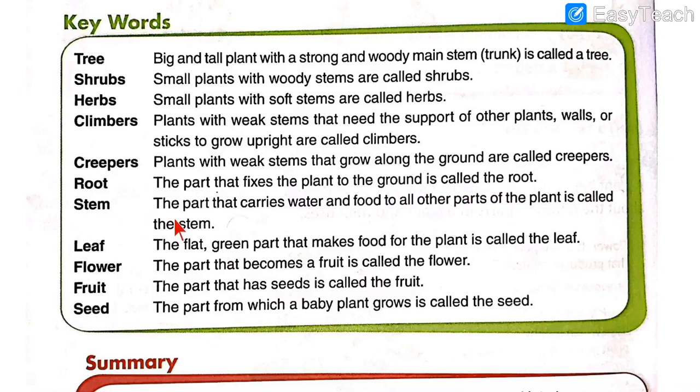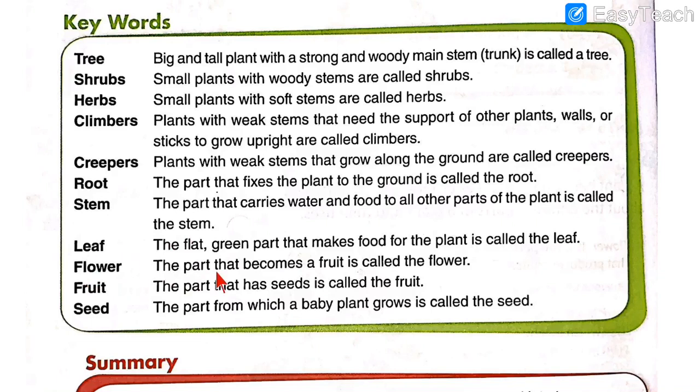Stem, the part that carries water and food to all other parts of the plant is called the stem. Leaf, the flat green part that makes food for the plant is called the leaf.